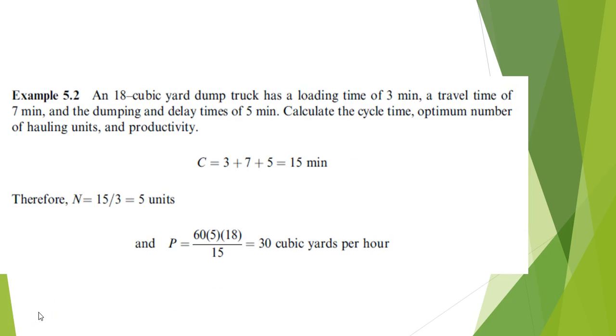So if you have an 18 cubic yard dump truck and it has a loading time of 3 minutes, a travel time of 7 minutes, and then it takes 5 minutes for dumping and other miscellaneous delay, you can calculate the cycle time, the optimum number of units, and productivity.